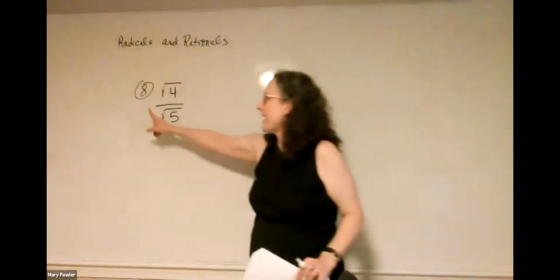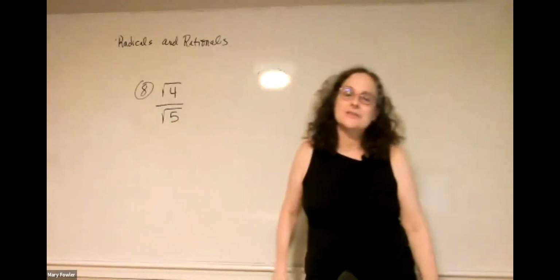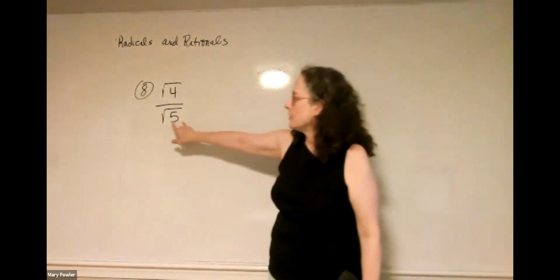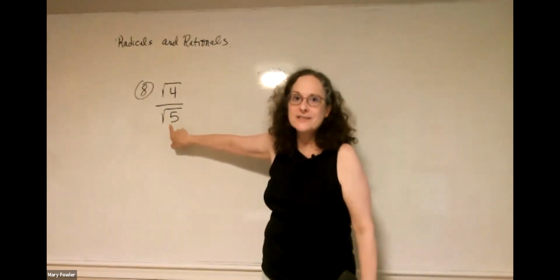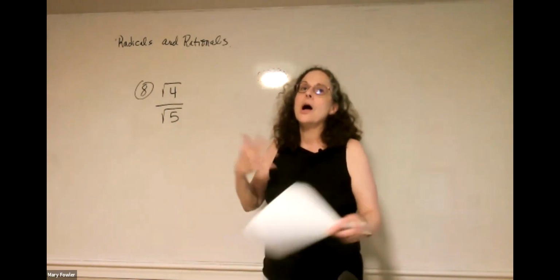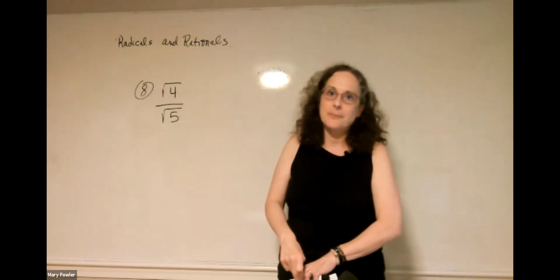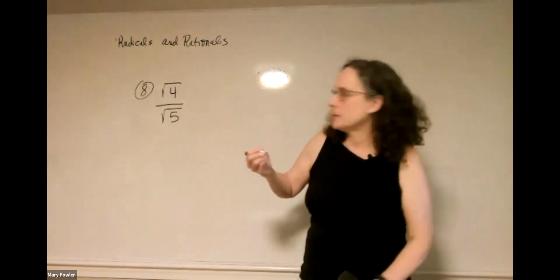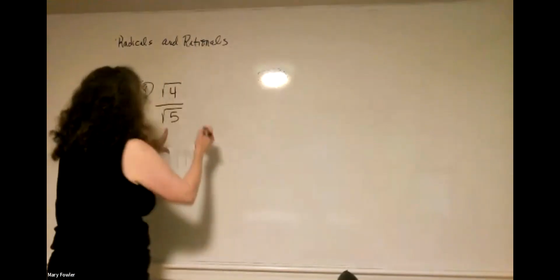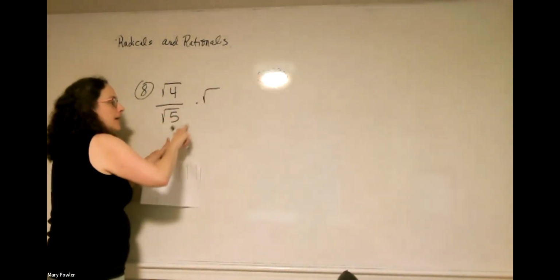Okay, so for number 8, we're asked to rationalize the denominator. We want to make the denominator a rational number. We want to get that square root out of the denominator. And so what we're going to do is multiply numerator and denominator by whatever this is.